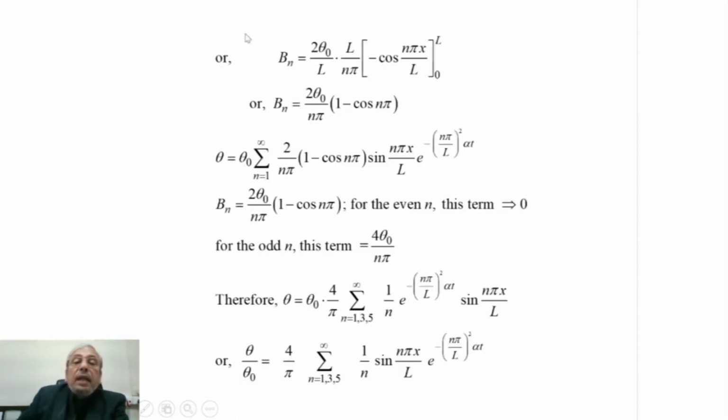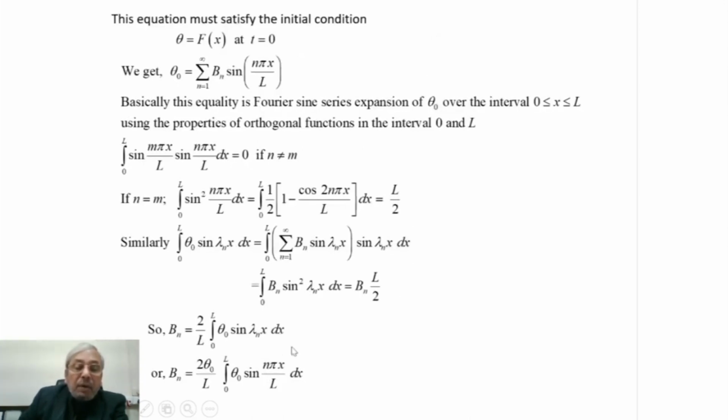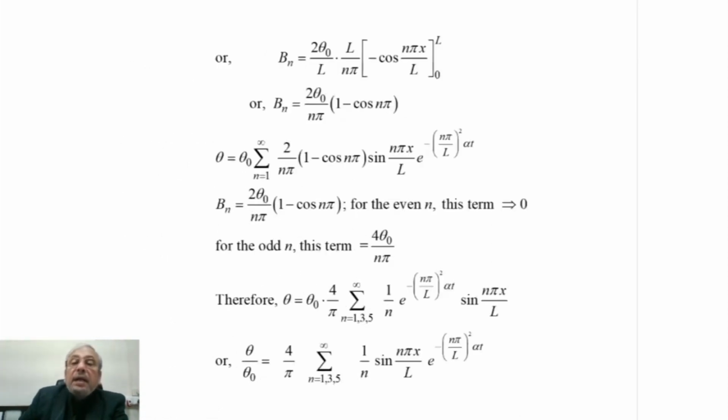So then we can write Bn equal to twice theta naught by L into L by n pi minus cos n pi x by L. This is the integration of sine n pi x by L dx, and the limit is between L and 0, upper limit and lower limit. So Bn we can get from here very clearly: twice theta naught by n pi, 1 minus cos n pi.